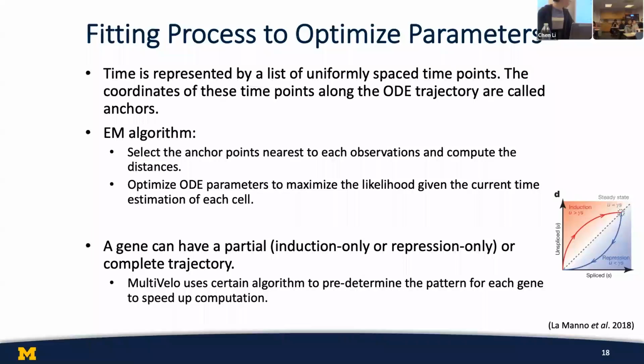In reality, most times we observe a partial trajectory for each gene, rather than a complete trajectory composed of both the induction state and the repression state. Some genes only have an induction state, for example. MultiVelo uses certain algorithms to predetermine the pattern that speeds up the computation.